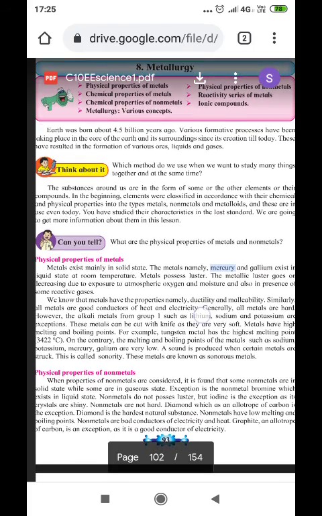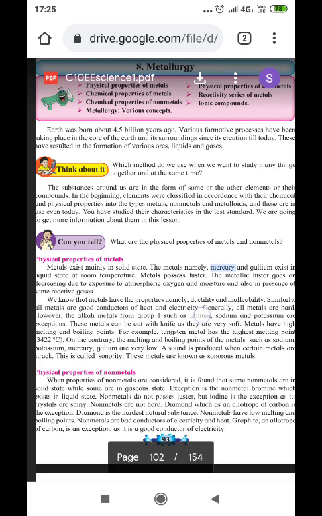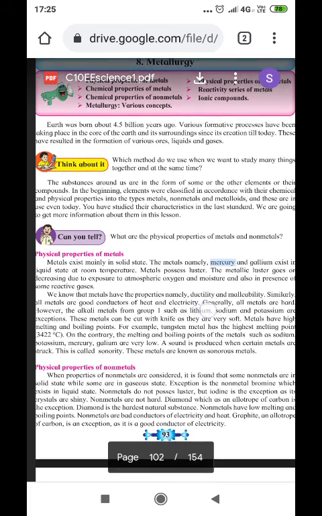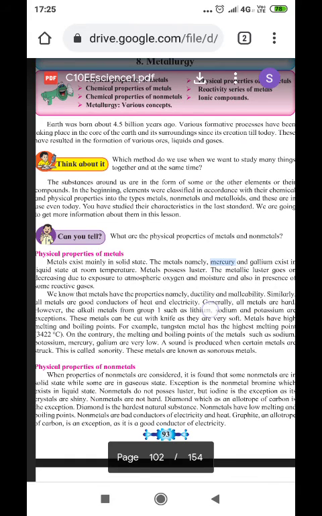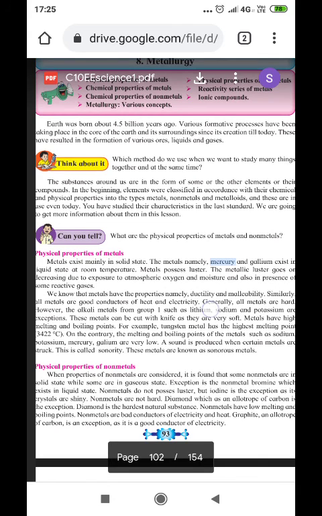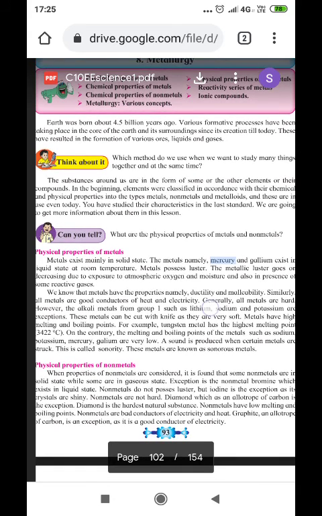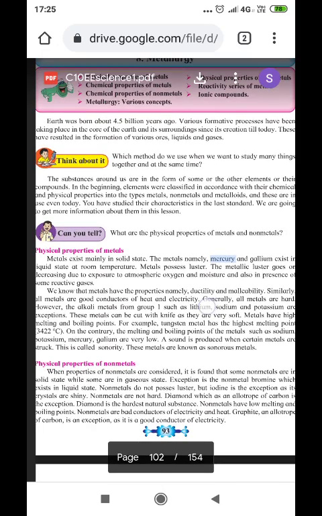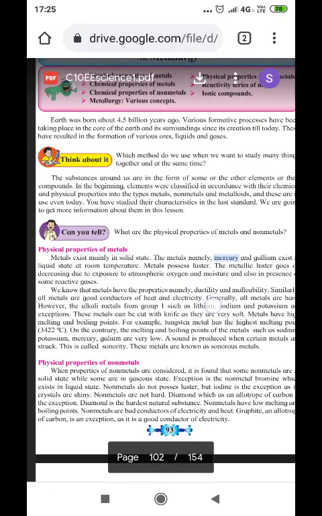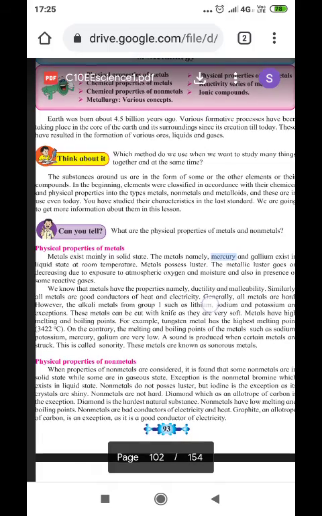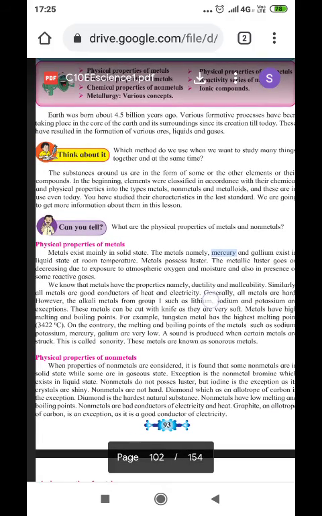In the beginning, elements were classified in accordance with their chemical and physical properties into the types metals, non-metals, and metalloids. These are used even today. You have studied their characteristics in the last standard.